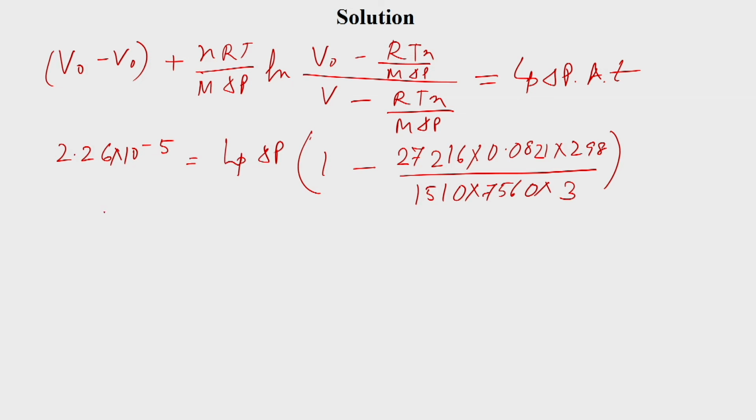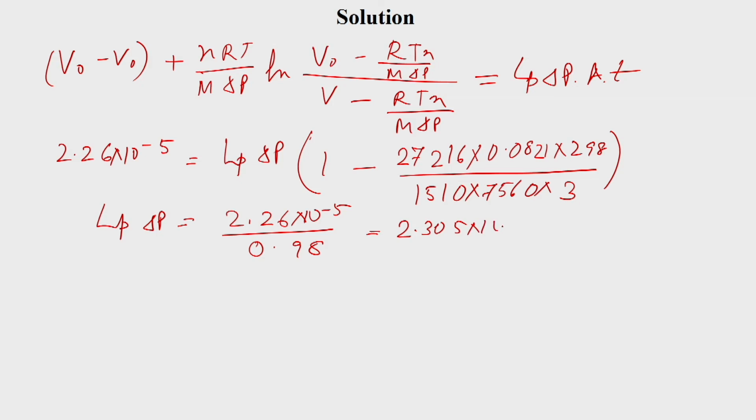Okay. So, from there L P into delta P will be obtained as 2.26 into 10 to the power minus 5 by 0.98, that is coming out as 2.305 into 10 to the power minus 5 meter cube per meter square second.